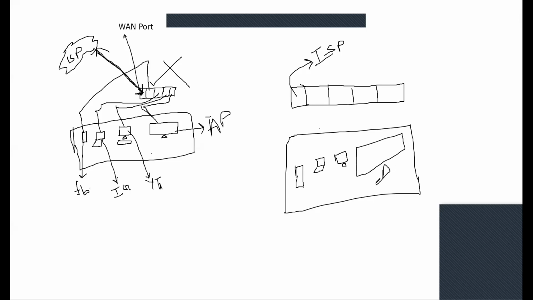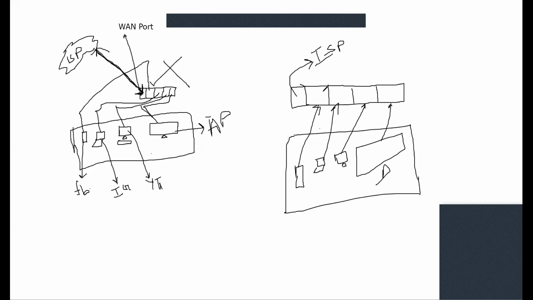Any digital device you have, the switch will collect the IP addresses and MAC addresses of these devices and store them. So this switch will actually have all the MAC addresses and IP addresses of these devices.